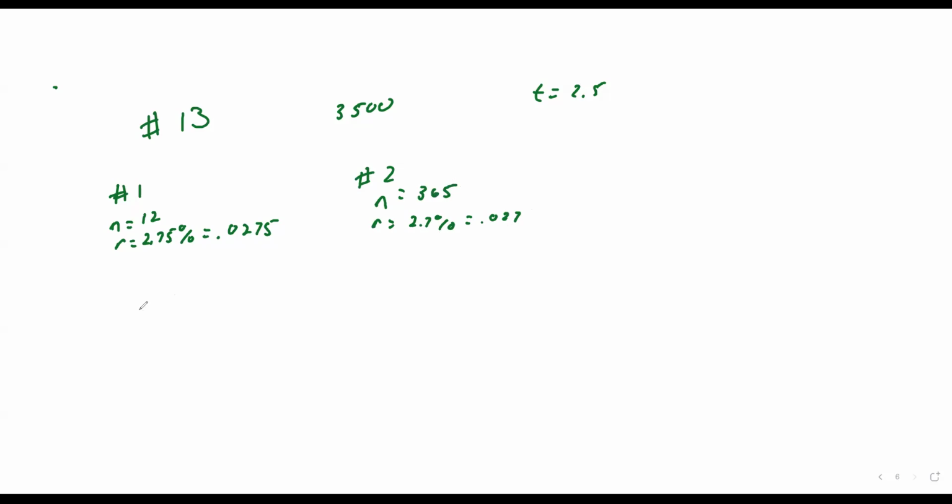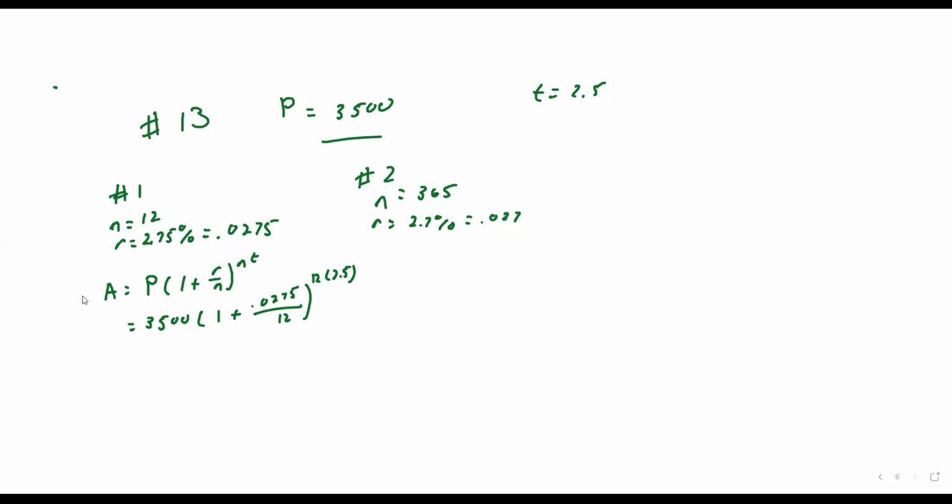So using that compound interest formula we looked at the very beginning, which is A equals P times 1 plus R over N raised to the NT. I want to plug everything I know. My principal amount was $3,500. So this is my P times 1 plus my rate for this one is 0.0275 divided by 12, which is my N. And then this will then be 12 times, she said 2.5 years.